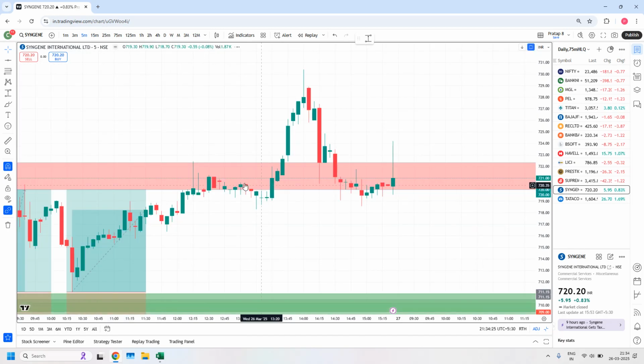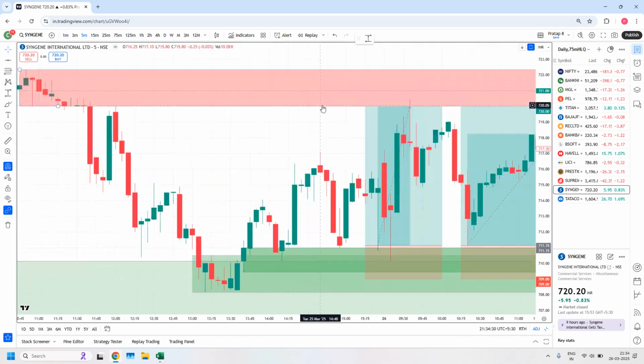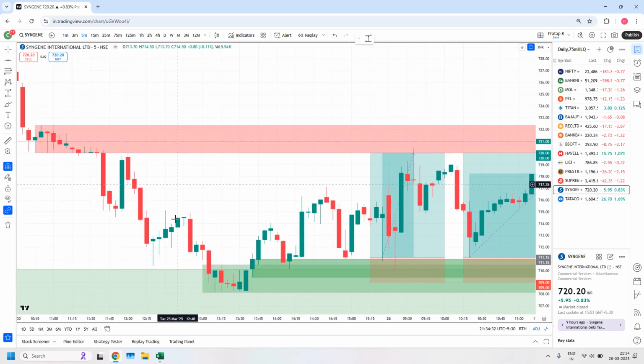Within that area, go to the 5 minutes time frame. See, within that area, if you notice here, this is exactly proximal line of the daily zone. In the proximal line, in the middle, it is overlapped rally, base, rally. This could be a high liquidity zone. Why? See here, drop base rally.